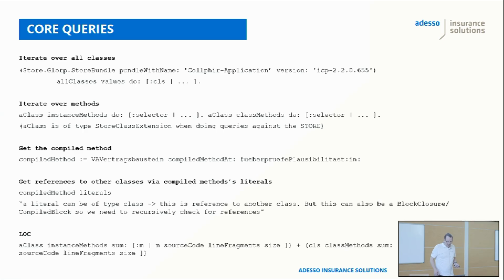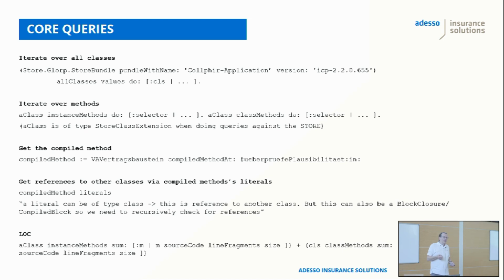It's very easy in VisualWorks, and I guess it's pretty easy in other Smalltalk languages as well. We had to iterate over methods. It's also pretty easy, no big deal. A little bit tricky is to get information about references. So is the method I'm currently examining referencing some other classes?